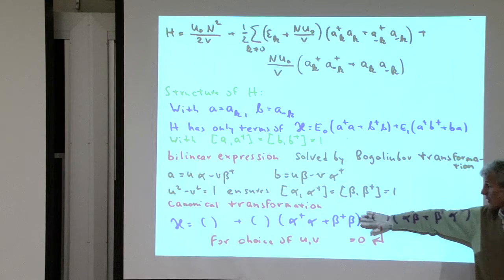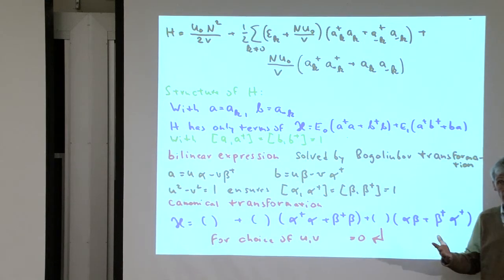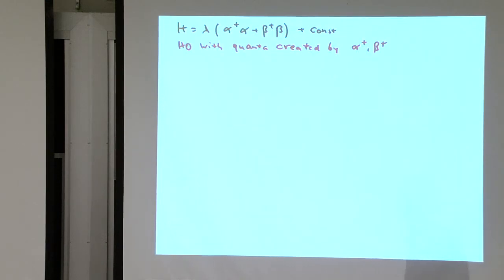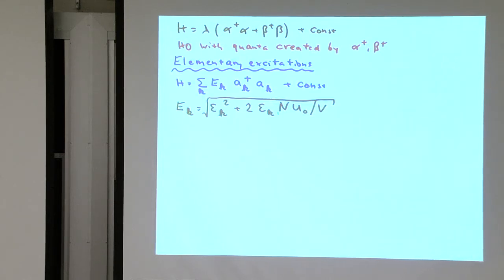We know now that alpha and beta create quasi-particles at a certain energy. So now by going back, alpha and beta were expressed by A and B. A was A of k, B was A of minus k. I just go back to the original nomenclature, but we have diagonalized the Hamiltonian.